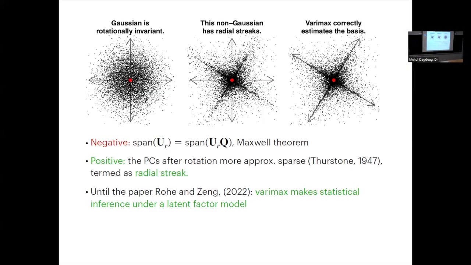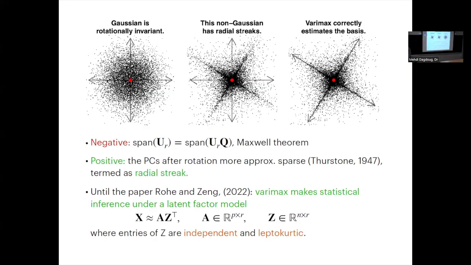And they answer the following question: varimax, after the principal component analysis, does make statistical sense, but under a certain model. Under which kind of model? The model they consider is that X, the original data, is approximately low rank. It can be factorized as a loading matrix A, as well as a low-dimensional representation Z. Moreover, this is not enough. It further assumes that the entries of Z have to satisfy two key properties.